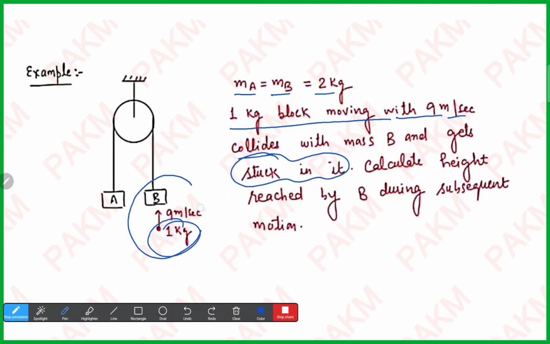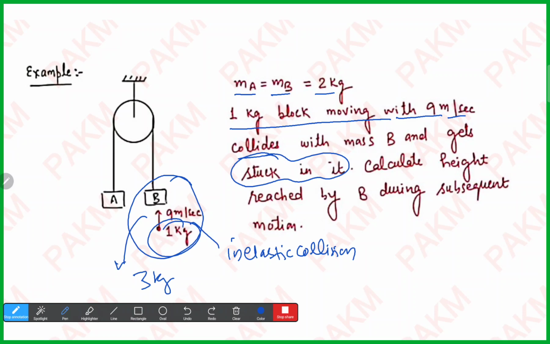What do we mean by get stuck into it? It means it will be an inelastic collision, and once the inelastic collision happens, the whole mass system will become 3 kg. Calculate the height reached by B during the subsequent motion.